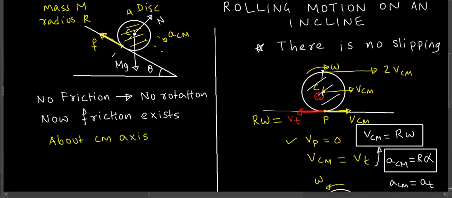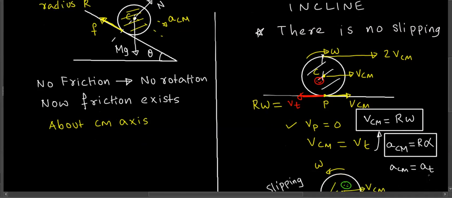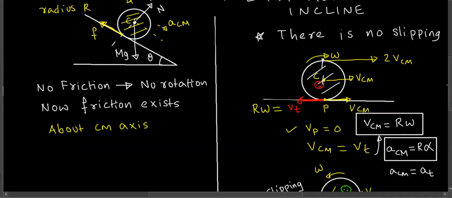When you do r cross F, r is zero. The normal force is also passing through it, so r is zero. So the torque due to mg is zero. Torque due to normal force is zero. So torque is provided by only friction force.